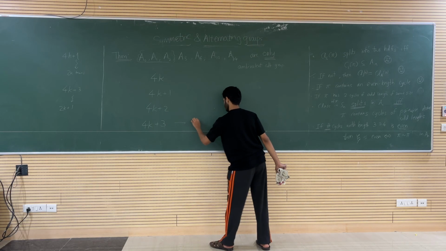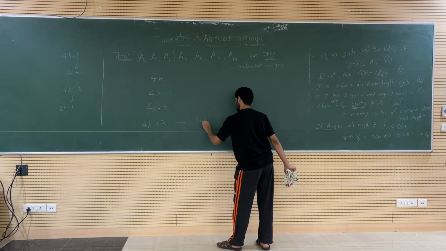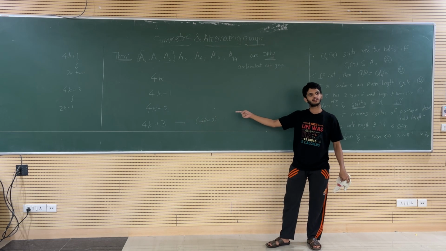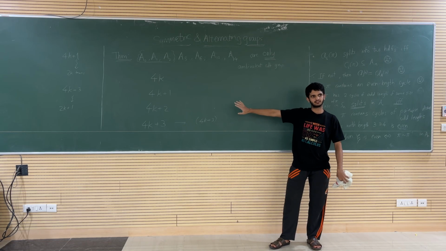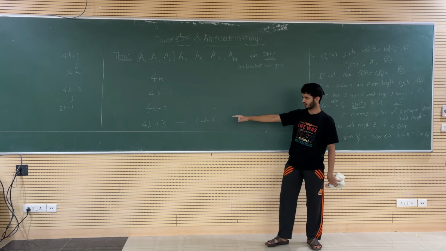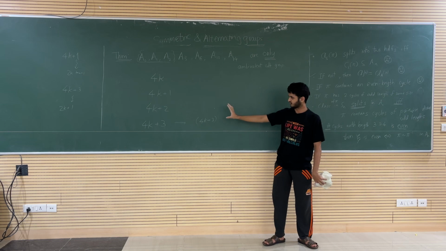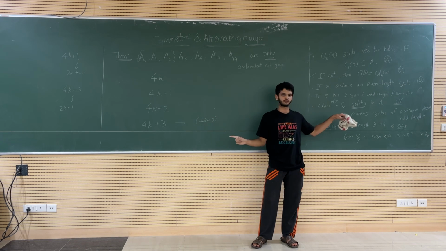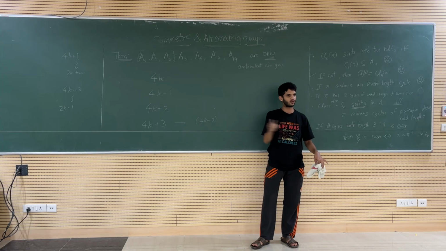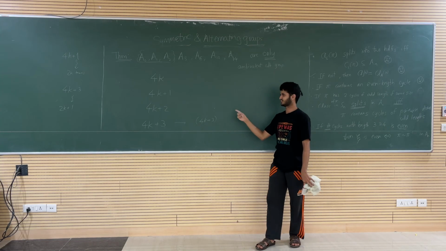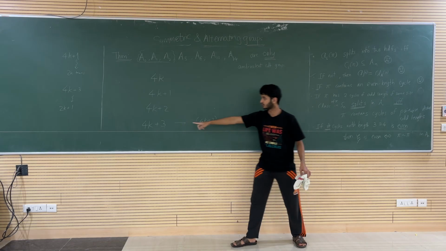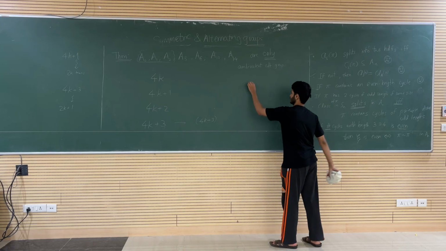For this, consider the partition 4k plus 3 itself. So a partition like this, how many cycles are there which are 3 mod 4? 1. 1 is odd. So this can't be ambivalent. That's why A3 is not ambivalent.